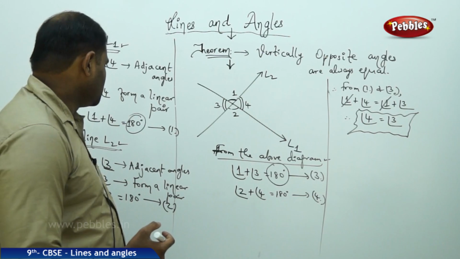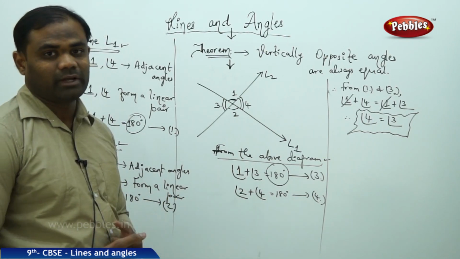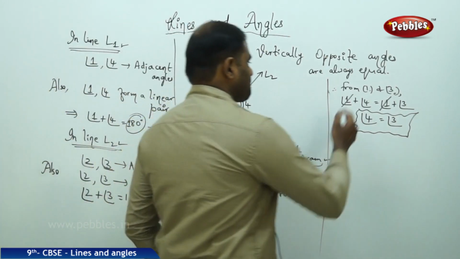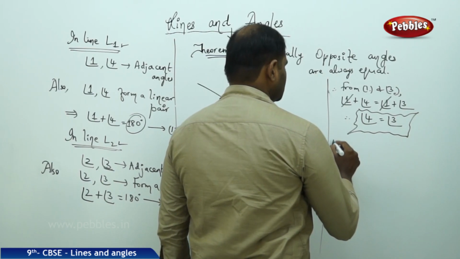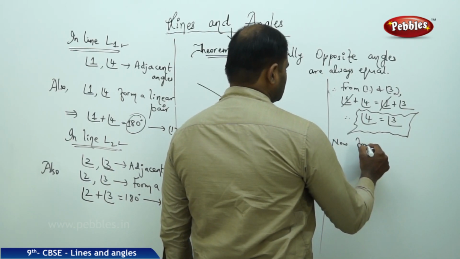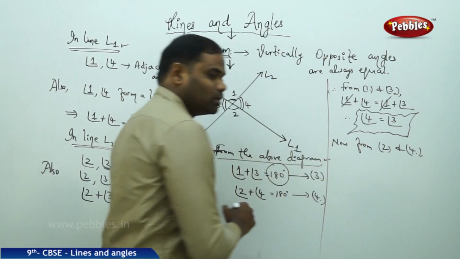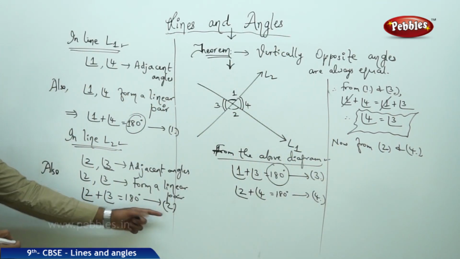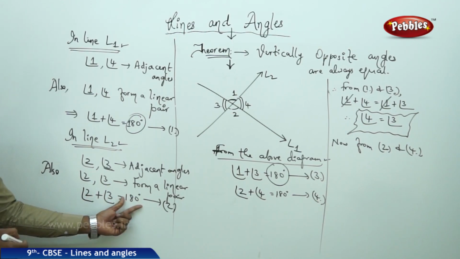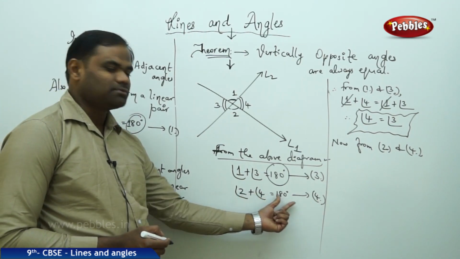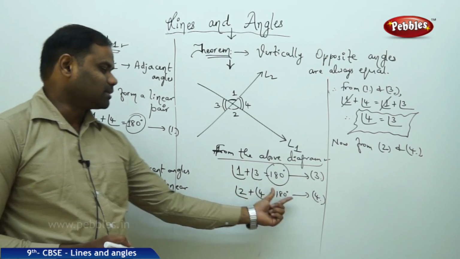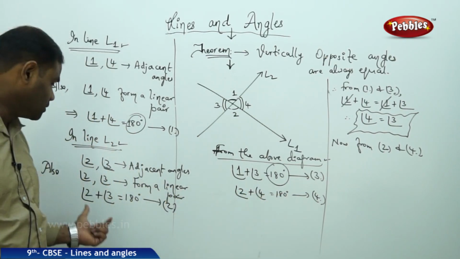Similarly, let me take equation 2 and equation 4 and see what we can conclude. From equation 2, angle 2 plus angle 3 is 180, and from equation 4, angle 2 plus angle 4 is 180. Because the right hand sides are equal, the left hand sides must be equal.